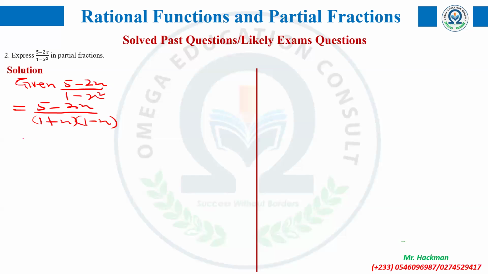So now this will be quickly, let's go. This will be identical to, we can write the identity. So Prof. Adam, let's go. A on 1 plus x, plus B on 1 minus x. Okay, so can I bring the x first?